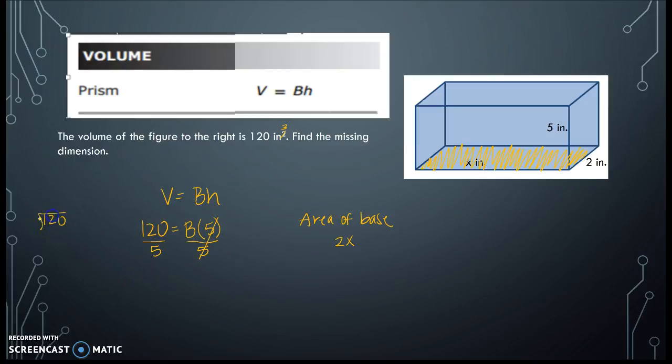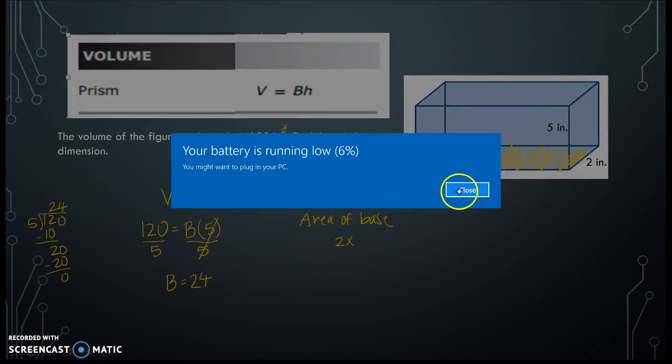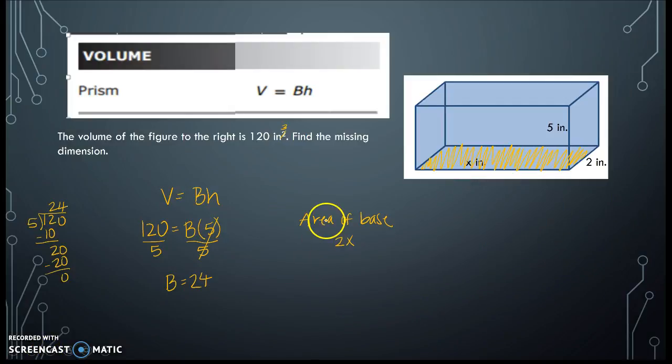I have to do a little math for this one. 120 divided by 5. 5 goes into 12 2 times. 2 times 5 is 10. Bring down the 2, 0. 5 times 4 is 20. So big B, or area of the base, is 24. So now that I know that, I'm going to plug that in here for the area of the base.